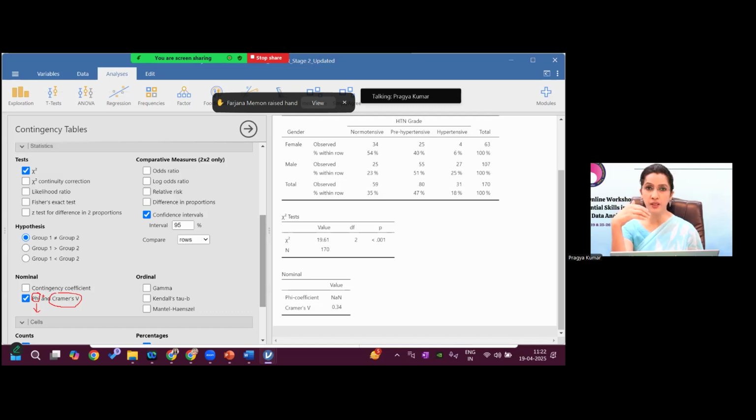You keep on increasing the sample size, you will get statistical significance, but you may not get a very strong strength of association or effect size. So effect size is the strength. The p-value is more of a statistics term, and strength is more for a clinician or a researcher.